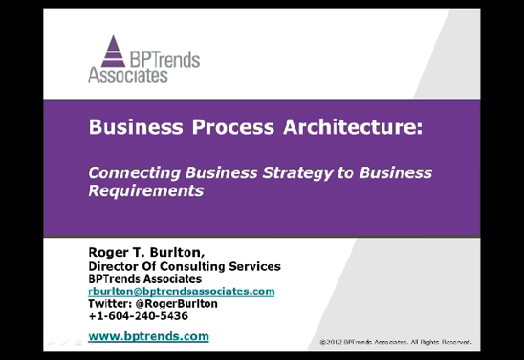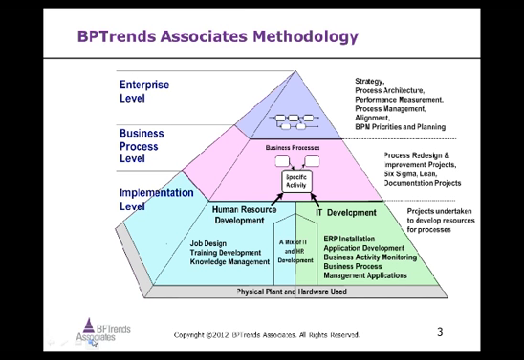So first of all, let me talk about the concept of how all this basically starts together. The organization that I spend most of my time with is called BPTrends. BPTrends has a methodological approach for taking the strategy all the way through.